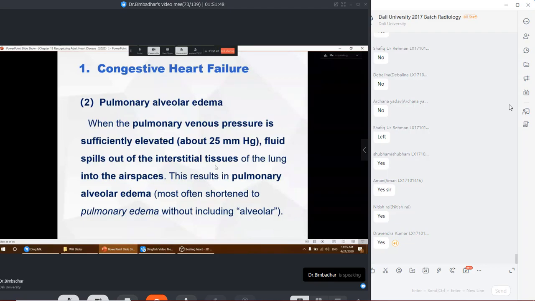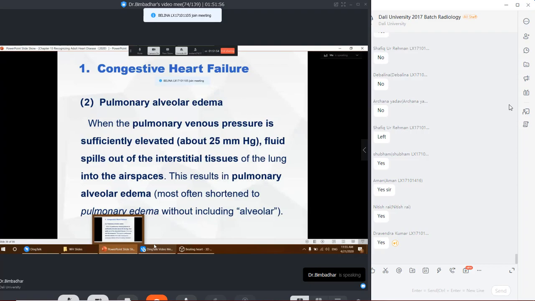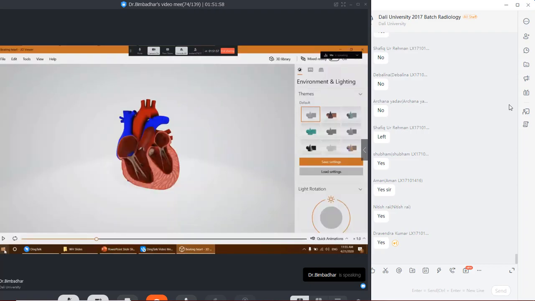Okay, left-sided heart failure. Now you see here, before when we were talking, now let's try to understand and relate it to the beating of the heart and see why interstitial edema happened. Let us imagine a situation that the right side of the heart has failed. And we will think why it is actually causing pulmonary edema.